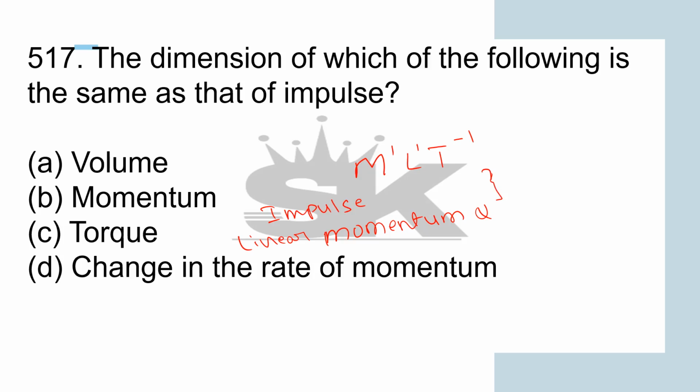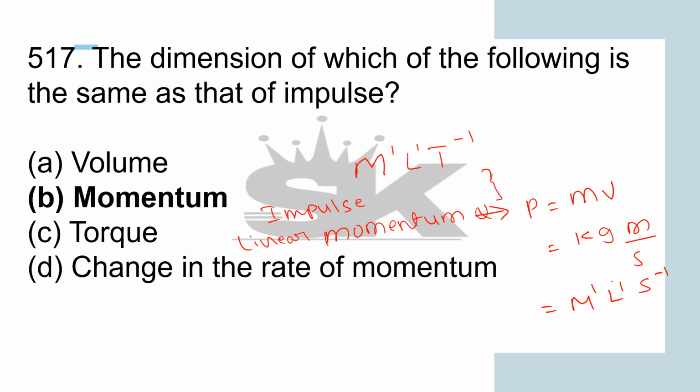Same units, right? So here the linear momentum P equals mass into velocity, right? Mass is kg, velocity is meter per second. Kg means M1, meter means L1, meter per second, it's velocity, T power minus 1, okay? So here the answer is momentum, okay?